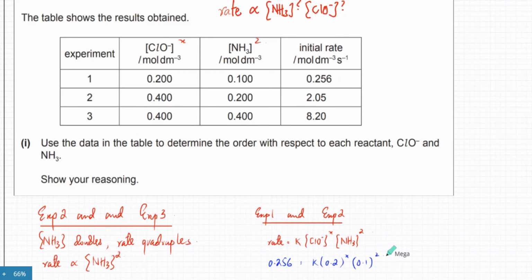So this is by experiment 1 data. ये clear है कि I have the rate equation, but there's an X, there's an unknown over there. There are two unknowns actually. K का भी नहीं पता क्या है. So is this clear? I've just substituted values here.